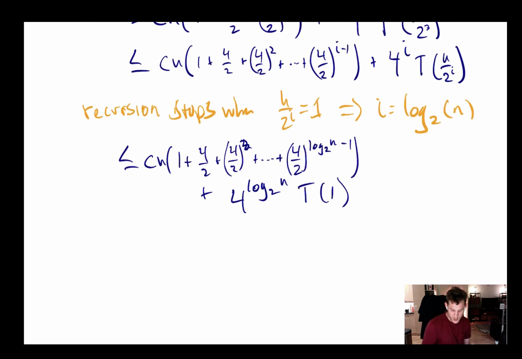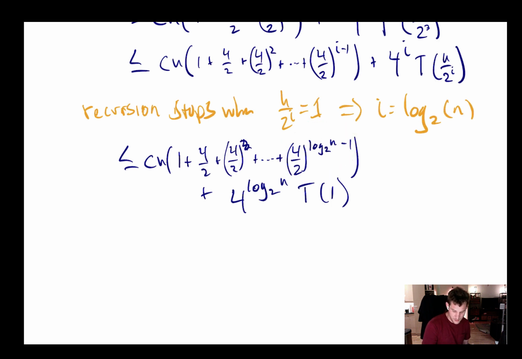Okay, so let's finish this off. Notice that 4 over 2 is bigger than 1. It's 2. So in this sum right here, the dominant term is the last one. When you have a geometric series where the base is larger than 1, the last term is the leading one.